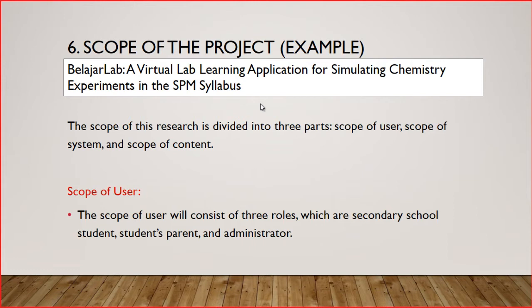For example, for a proposal defense, I've read in the guideline saying that you need to write several pages of scope of user, but for a proposal, no need to go very detailed.